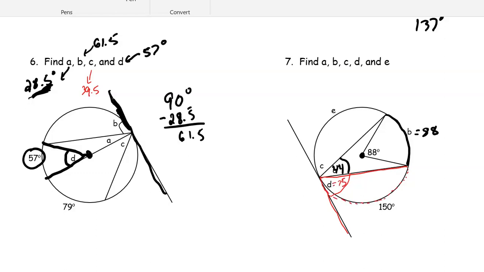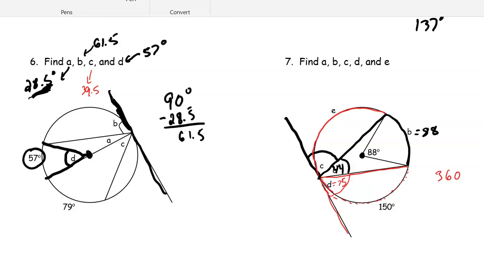Same exact thing is going on with angle C. Angle C is this angle created by those two. This angle has to be half of the arc created there. So here's this arc. Once we know what this arc is, we know C would have to be half of that. So again, we use the idea that a full circle is 360.